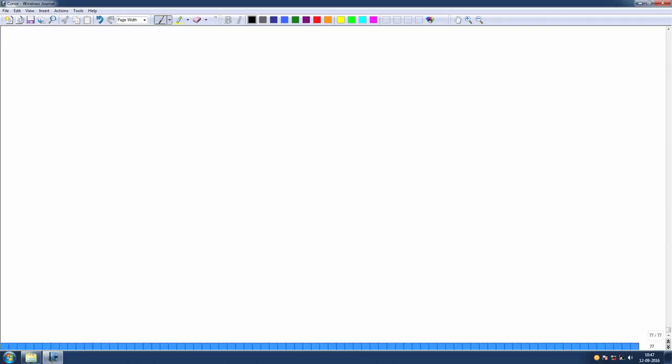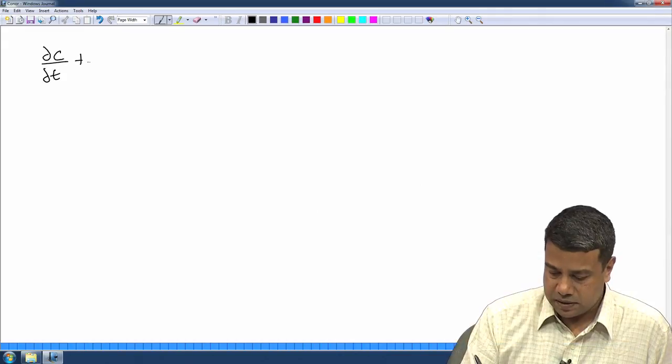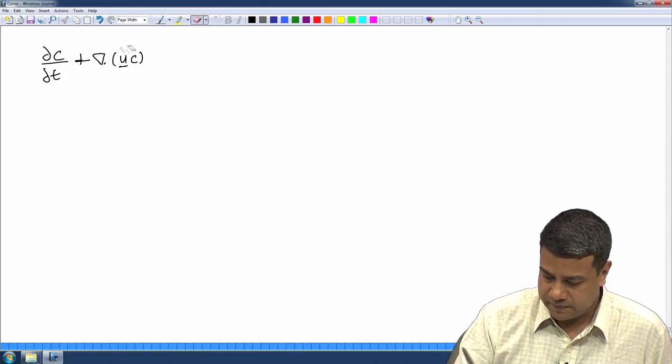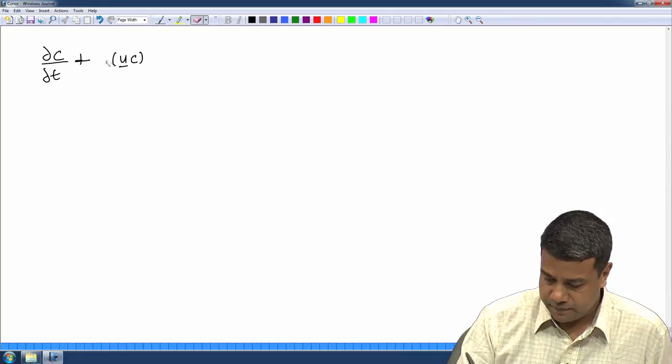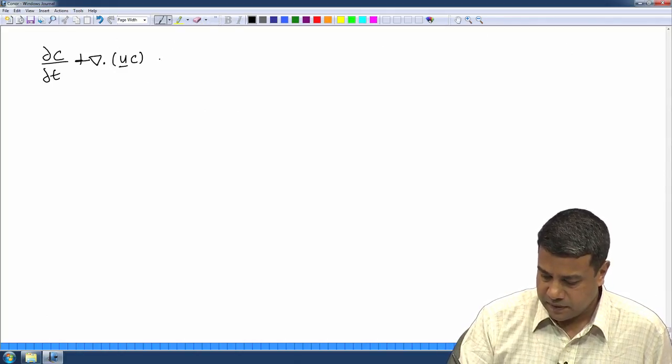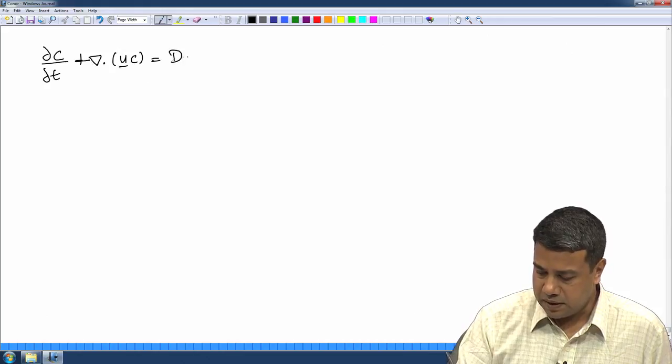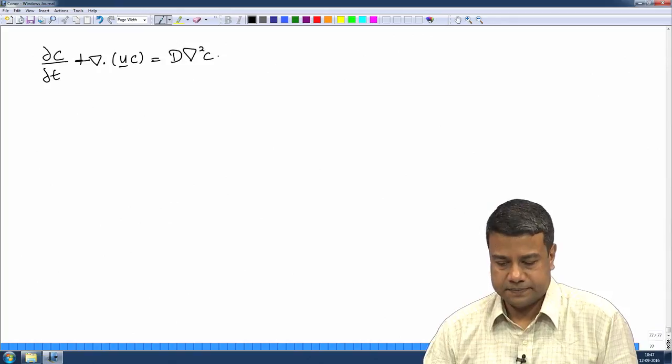So, the equation was of the form partial C by partial t plus the divergence of the velocity times c, there is a dot product here, is equal to D times the Laplacian of the concentration.